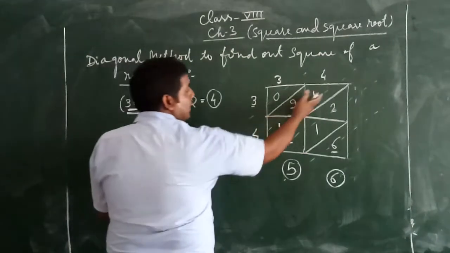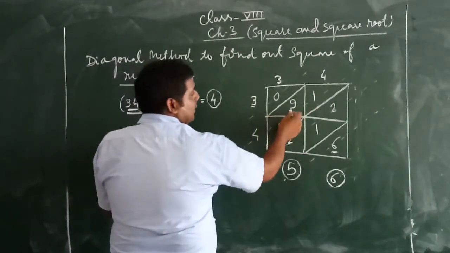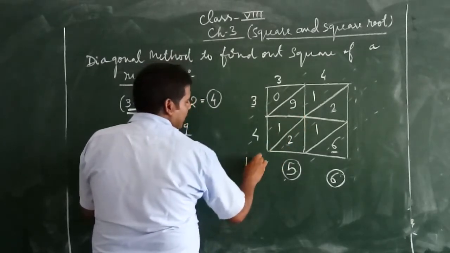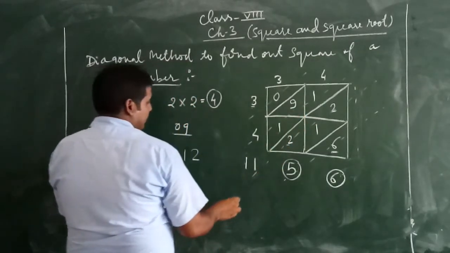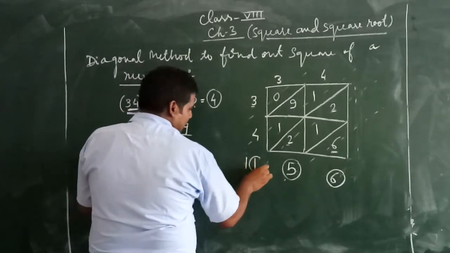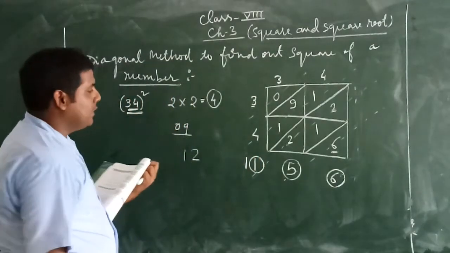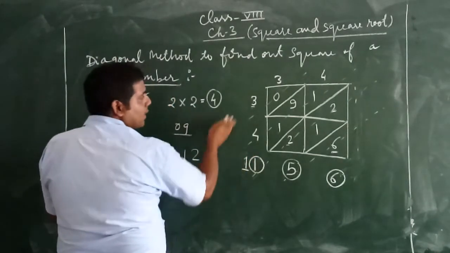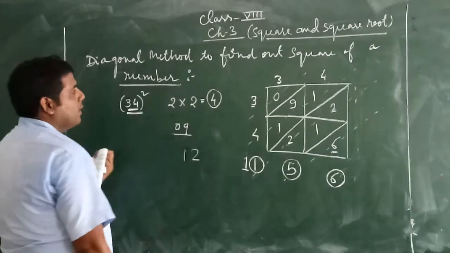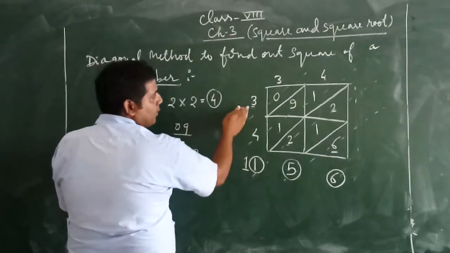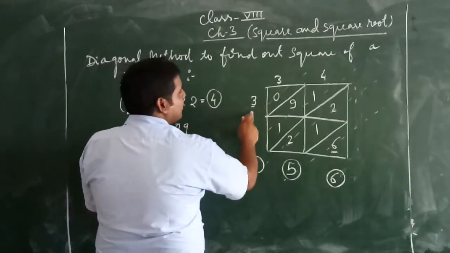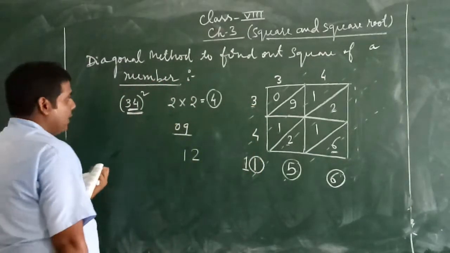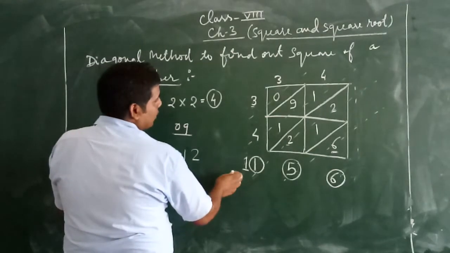Now add the digits in the third diagonal, and the digits are 1 plus 9 plus 1, that is 11. We circle the unit digit and add the tens digit in the fourth diagonal.